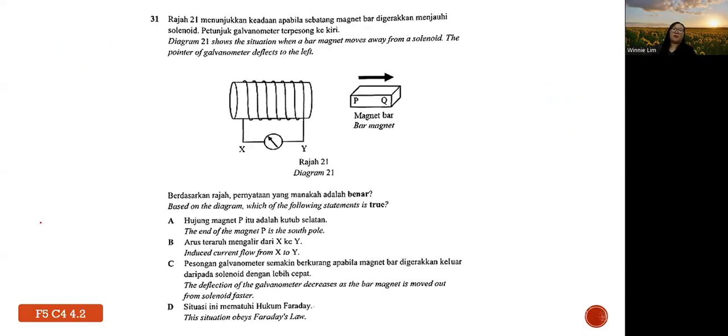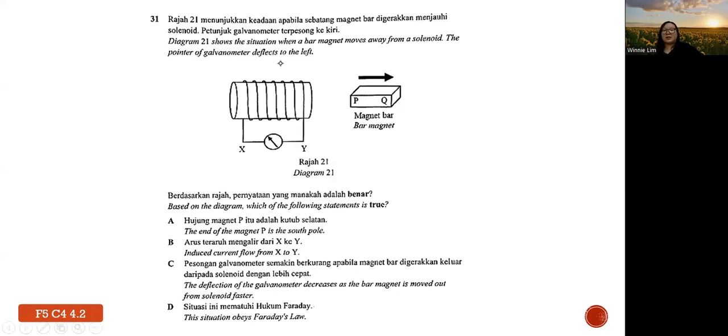Okay, next we have question 31 under the concept of electromagnetic induction. Diagram 21 shows the situation where a bar magnet moves away from a solenoid, and the pointer of the galvanometer deflects to the left. So how do you get the idea?